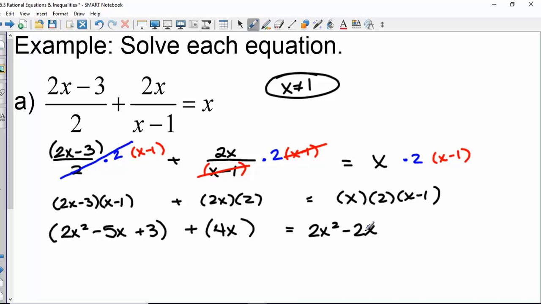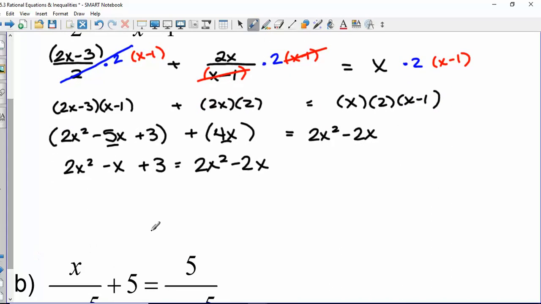Is everybody okay so far? So we need to add like terms. We have 2x squared, negative 5x and positive 4x is just negative x plus 3 equals 2x squared minus 2x. If I subtract my 2x squared, it would just cancel.